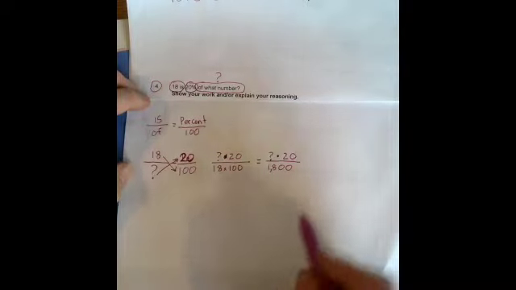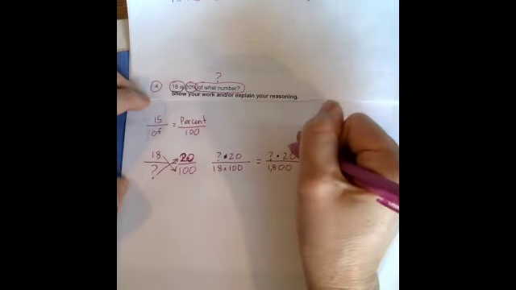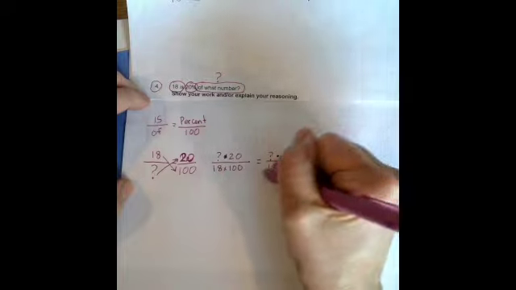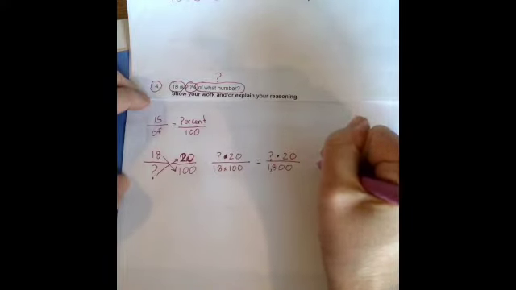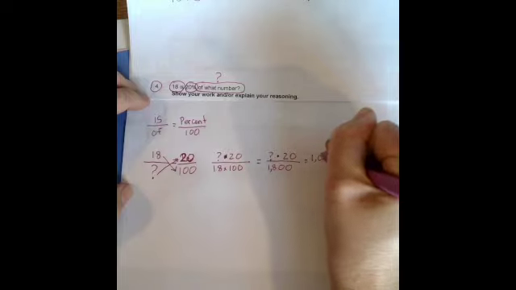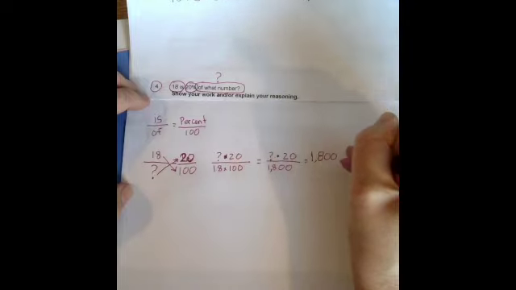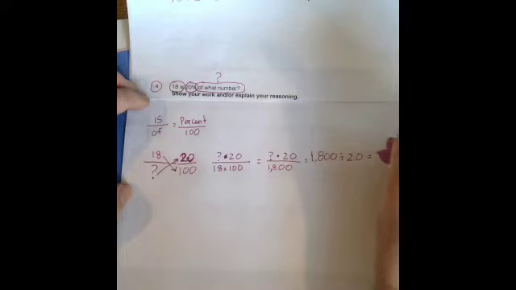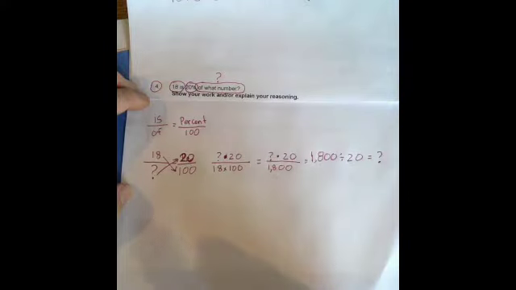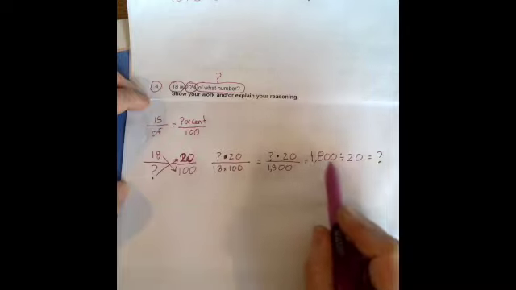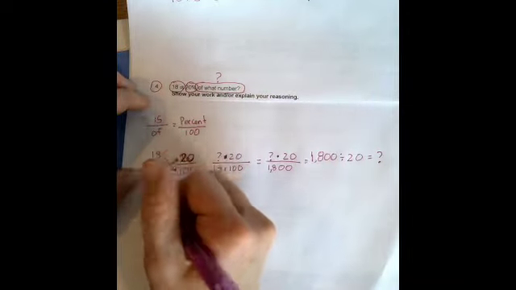Now, what we're going to do is we're going to go ahead and do the division that we can do. And we're going to go ahead and take that 1,800 and we're going to divide it by our 20, and that's going to equal our I don't know what. So what is 1,800 divided by 20?